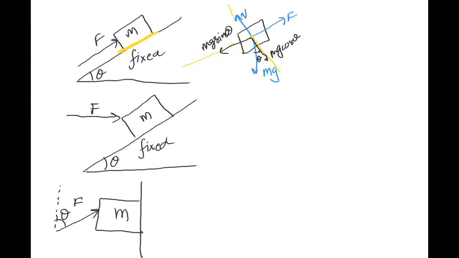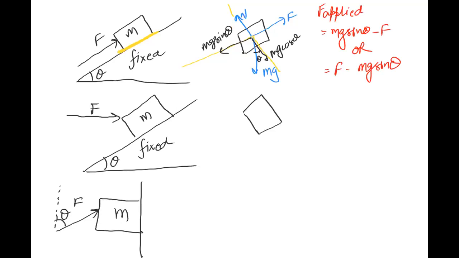So immediately I get F applied is equal to mg sine theta minus F, or it is equal to F minus mg sine theta. Okay, I'm not going to put a mod here because generally physics में I don't like to deal with modulus.